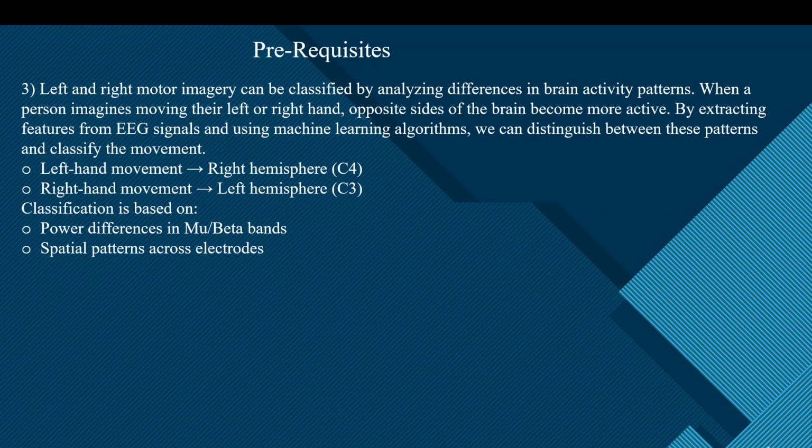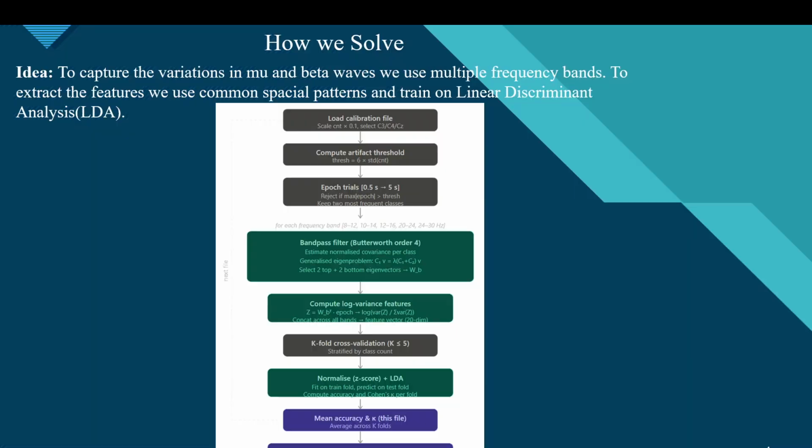By using both channels, the core idea is to find the power difference in these alpha and beta waves. Here the mu is a sub part of the alpha waves only. So we need to find the power difference and then take the decision.